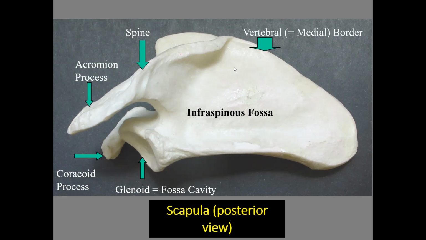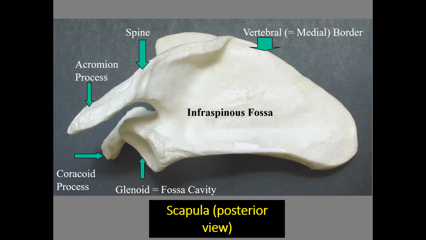Now, this is the vertebral border of the scapula. This is the side closest to the vertebrae, because remember that the scapula, the shoulder blade, sits on top of our ribs. It's not embedded in the thoracic cavity. It sits on top of our ribs. But even so, this flat border here is the side closest to the vertebrae.